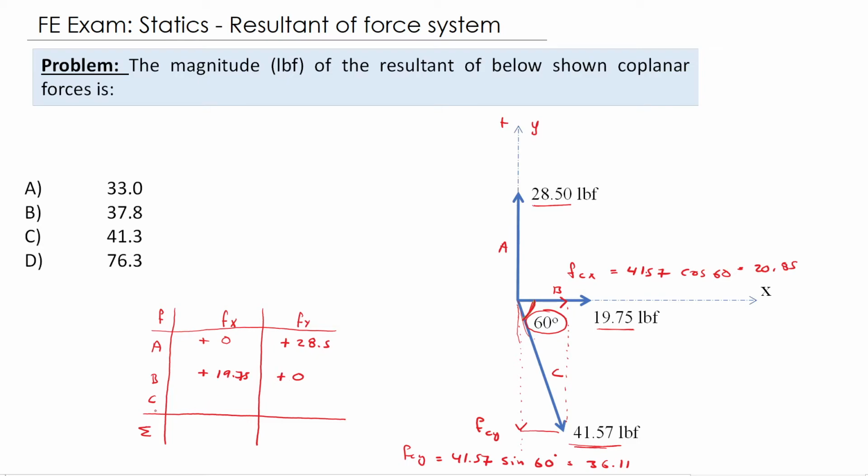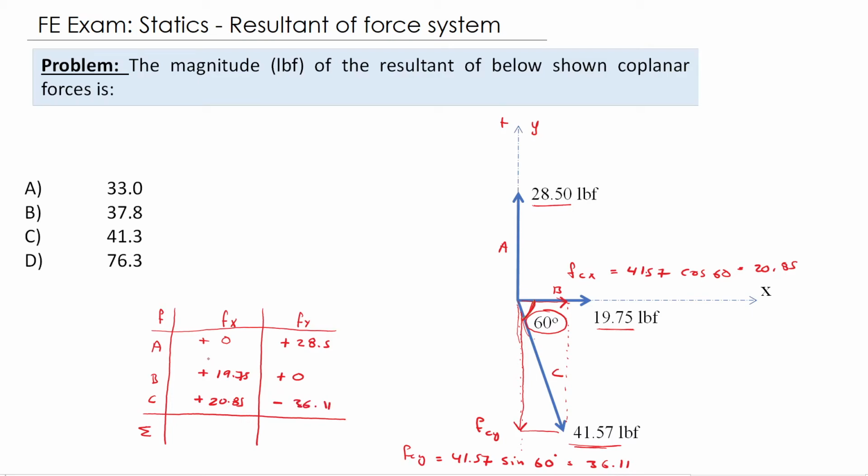Now, for force C in the x direction, it's coming in the positive x direction, so it's a plus 20.85. In the y direction, it's coming in the negative y direction, so it's negative 36.11.